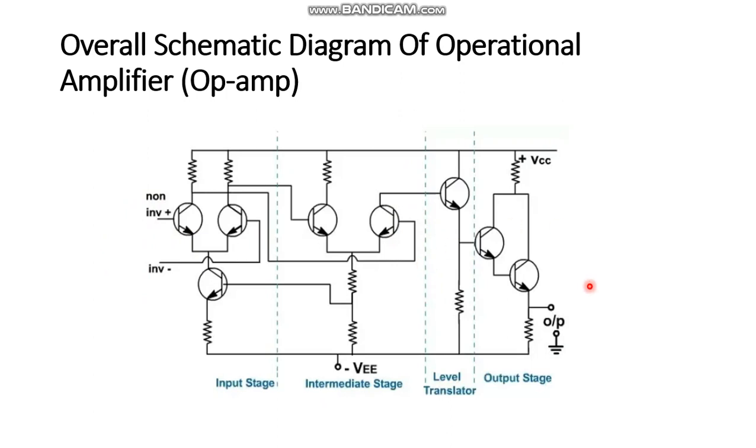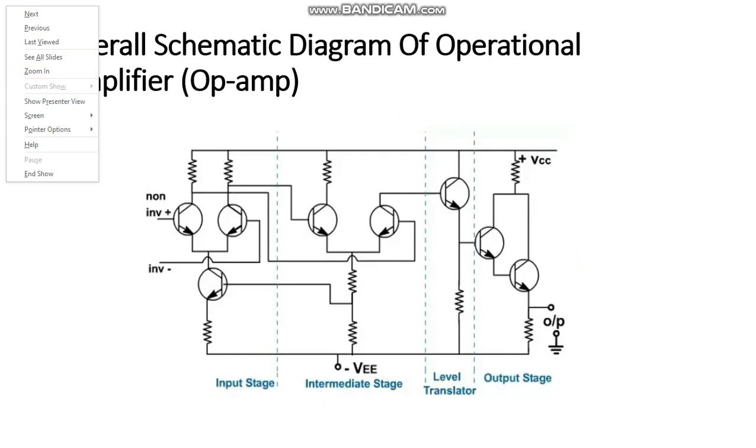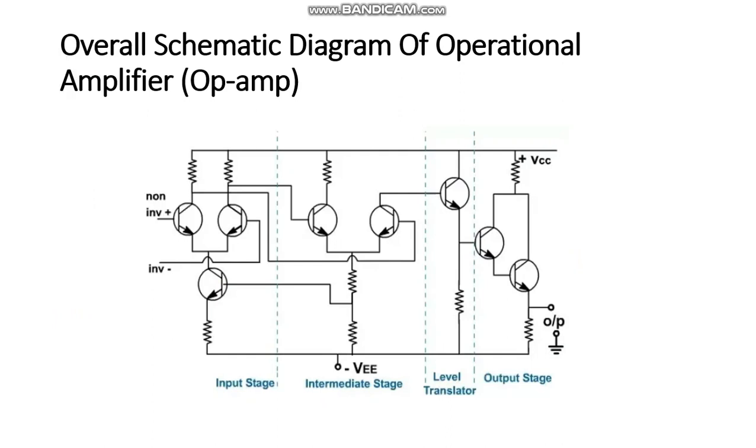Let us suppose our signal is something like this, and its DC level is 0 here. At this stage we may get a DC level somewhat like this.